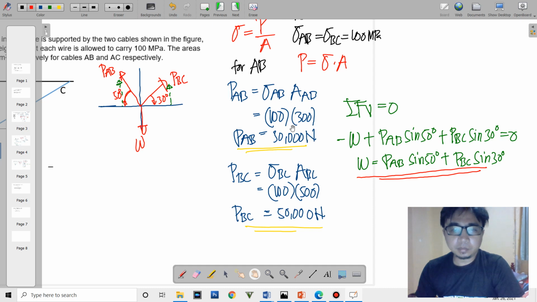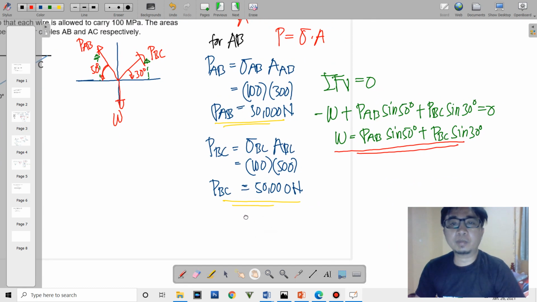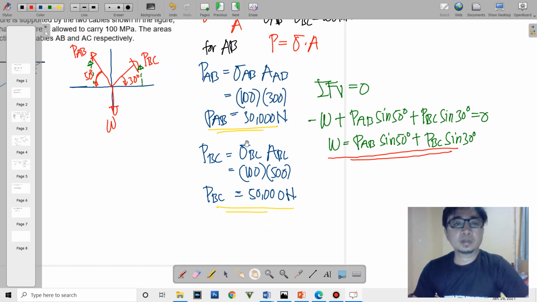By the value itself, you can see that BC has a greater load capacity than that of AB. So meaning, we are going to adopt a value of W wherein AB will not exceed 30,000 or BC will not exceed 50,000. So let us have an investigation. So where shall we investigate?